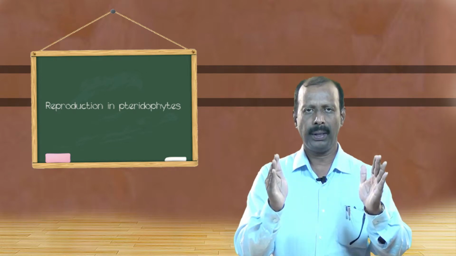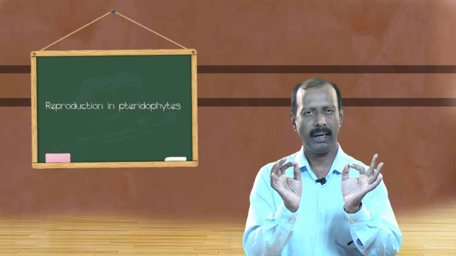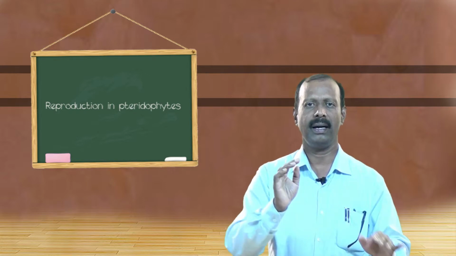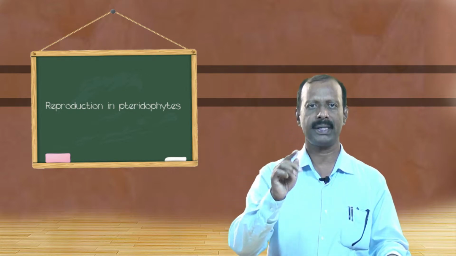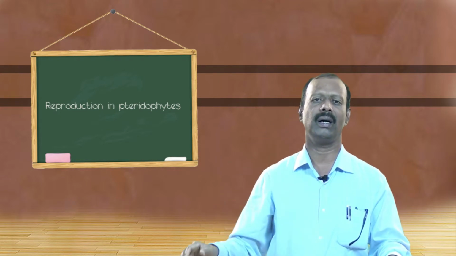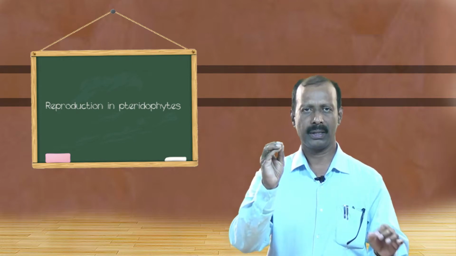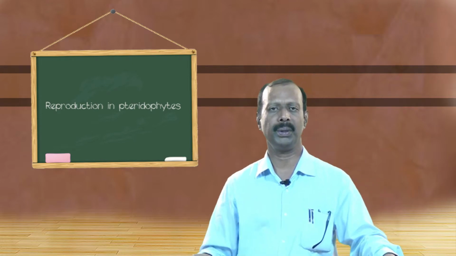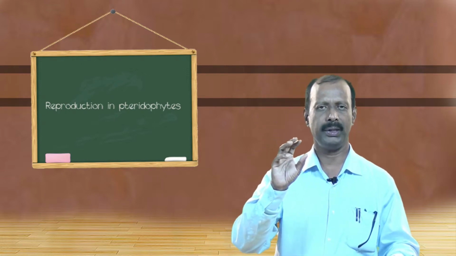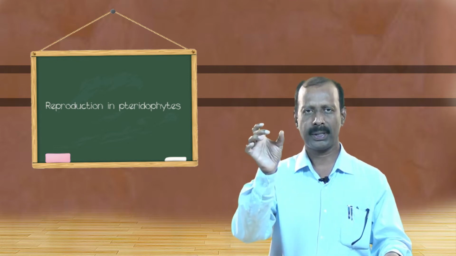The cone or strobilus is made up of numerous fertile leaves called sporophylls, and on the adaxial surface of the sporophylls, usually the sporangia are borne, and inside the sporangia the spores are produced.